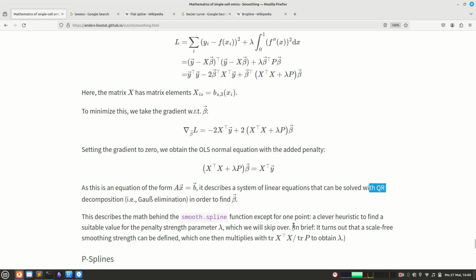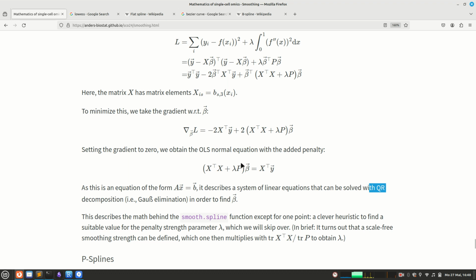And the last question is now, how do we get a good lambda? And here, once we've written it in that way, we can see what scale we have to think at for lambda. If we want to make sure that both of these terms have about equal influence on our penalty, then the magnitude of this matrix xtx and the magnitude of the p matrix should be the same.